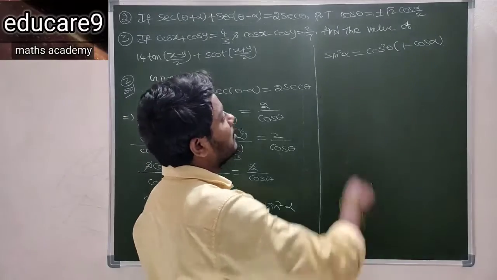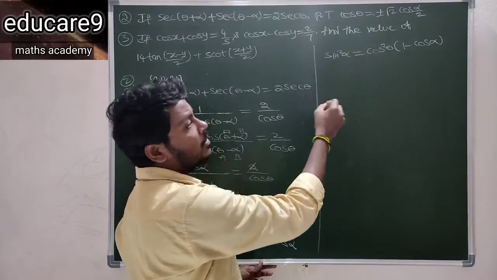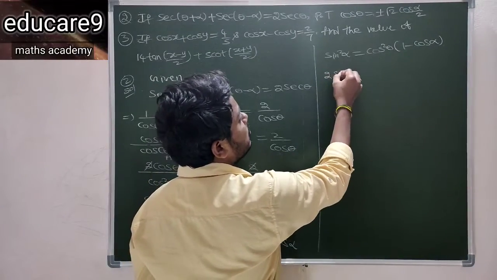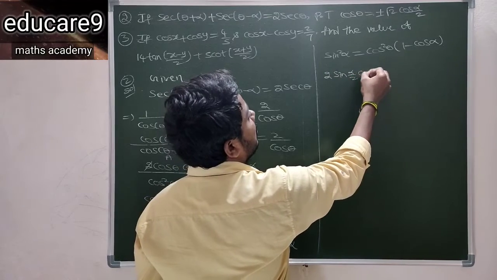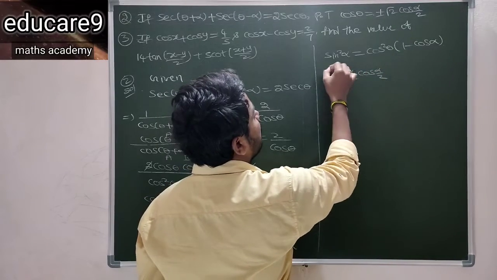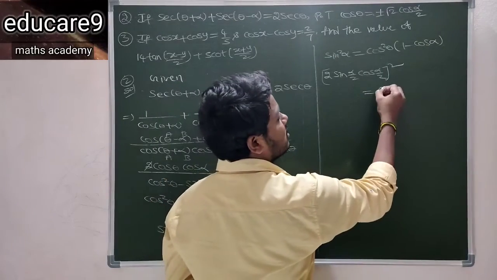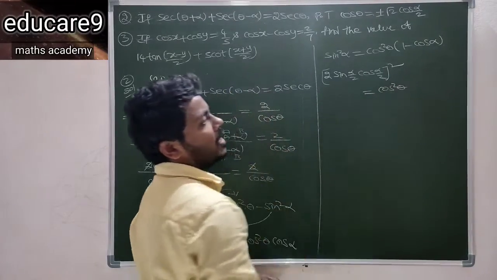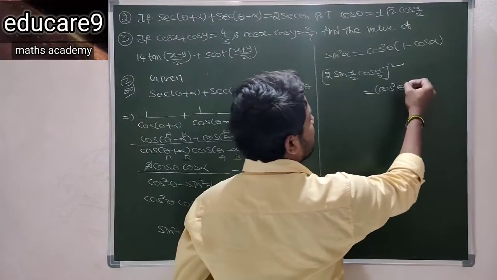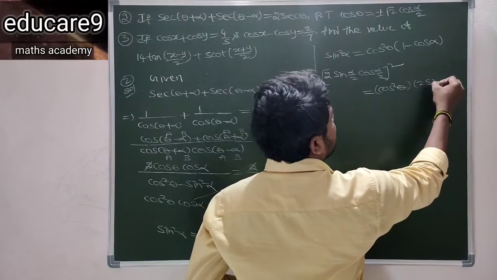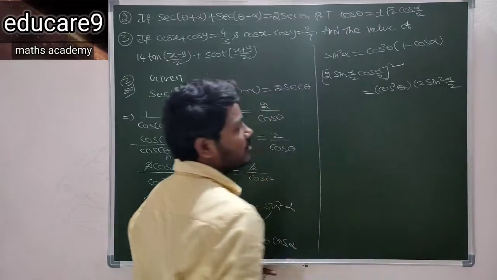Okay. So how to write the sin alpha formula? See here, that is (2 sin alpha by 2 cos alpha by 2) whole square. This is equal to cos square theta into the 1 minus cos alpha formula. So that is 2 sin square alpha by 2.